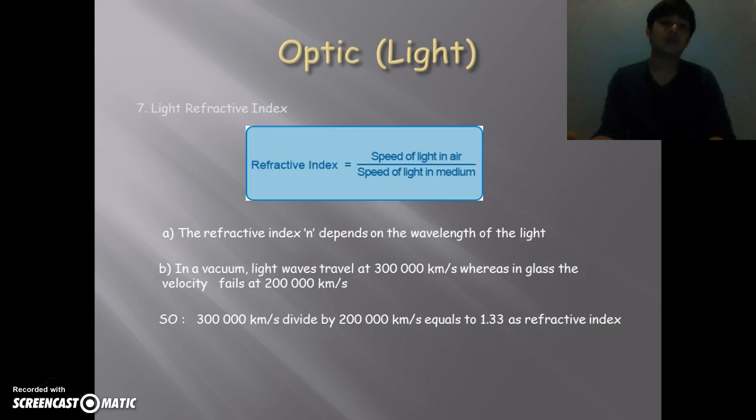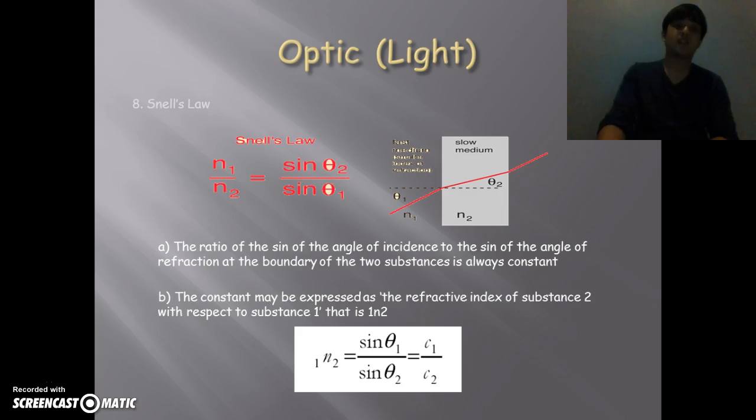A normal refractive index is 1.33, like in this example. So in a vacuum, light waves travel at 300,000 kilometers per second, and the velocity in the medium is 200,000. You just divide it and you will get 1.33 as its refractive index.